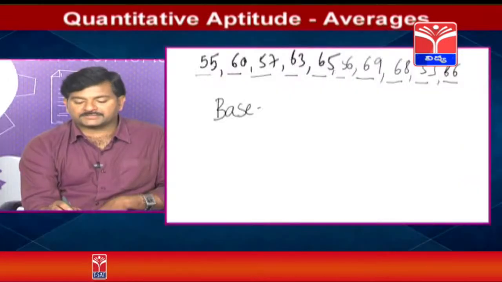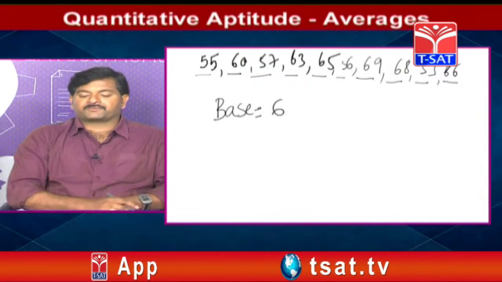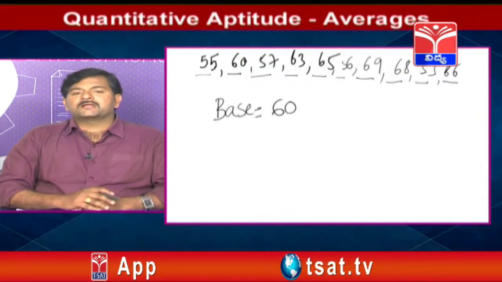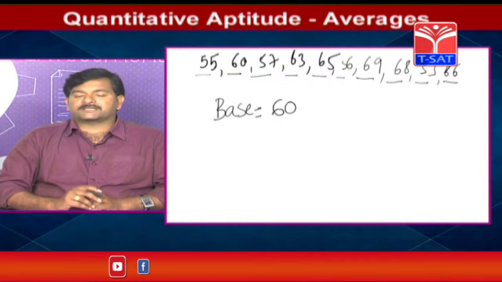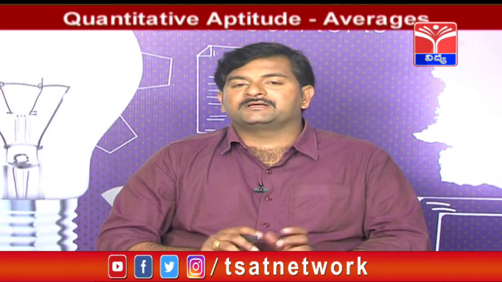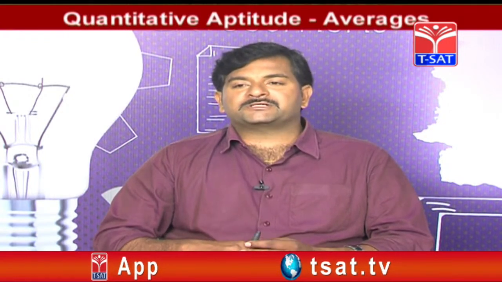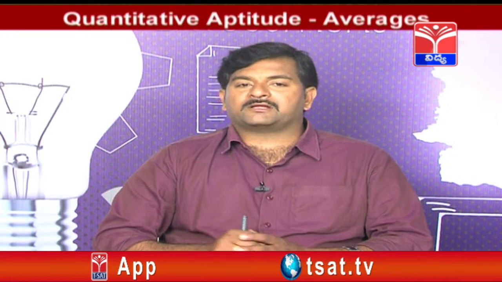That's why we will consider our base as 60. Usually a base must have two properties: it must be divisible by 10, and secondly it must be very close to all the given observations.